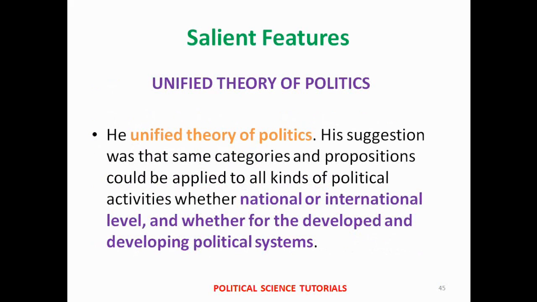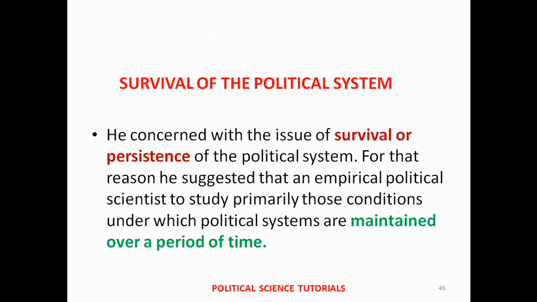Now we will discuss these points one by one. First, unified theory of politics. According to Easton, with this theory, one could explain all kinds of political activities, whether national or international, or developed or developing systems. Second characteristic is the survival or persistence of the political system. According to him, it is the task of the empirical political scientists to study the political systems which are maintained over a period of time.